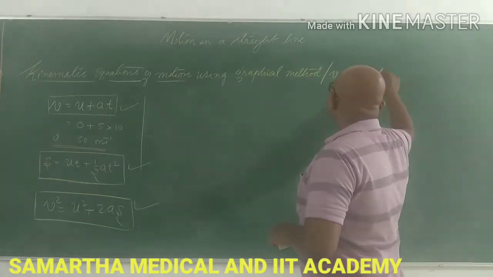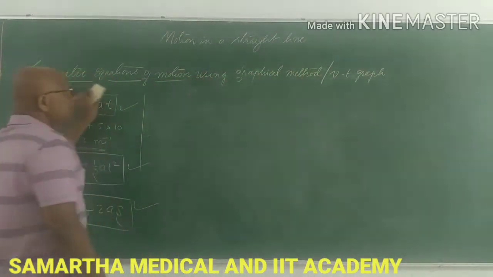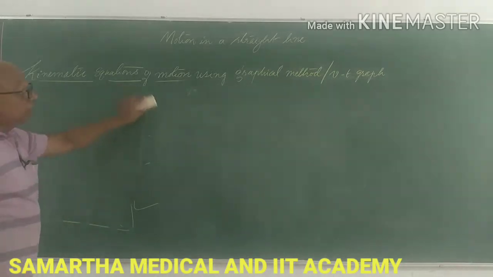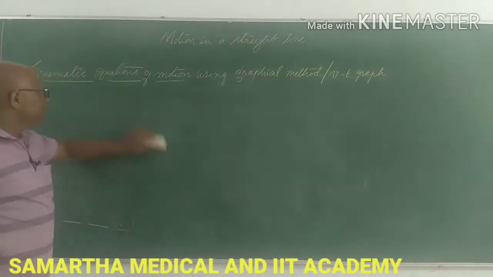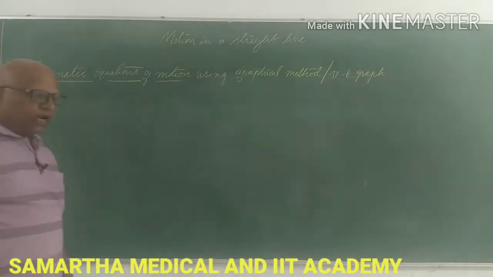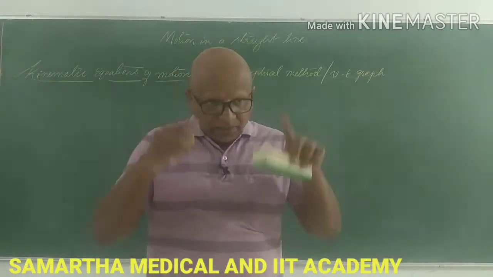Kinematic equations of motion using graphical method or kinematic equations of motion using VT graph. This is the question for 5 marks, and let's see how the VT graph is used to bring these equations.